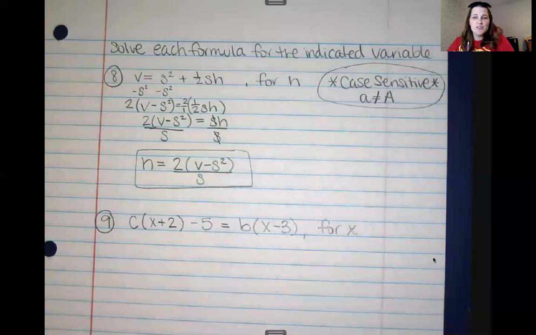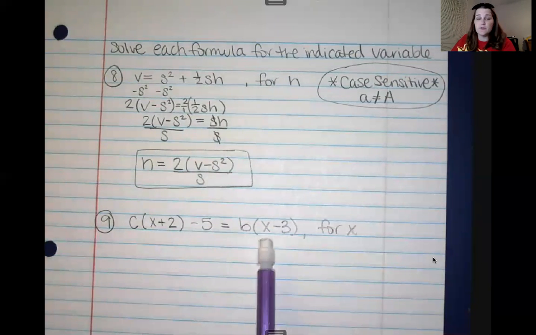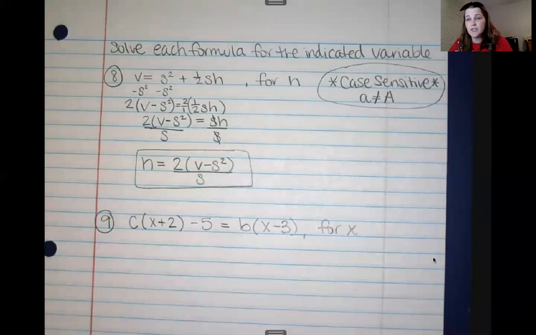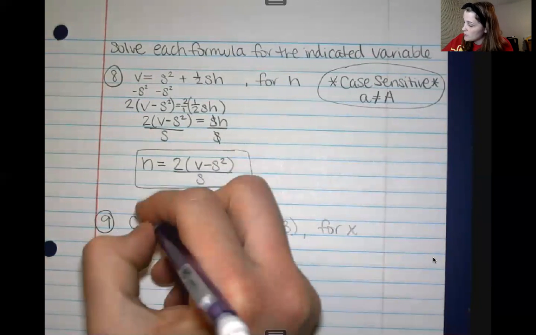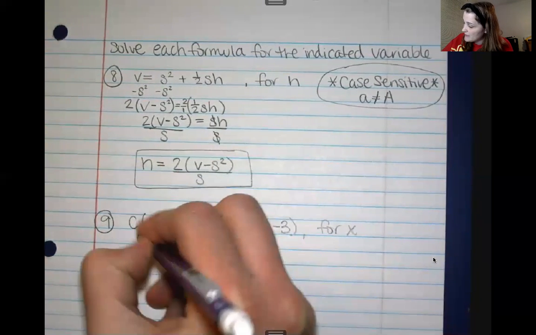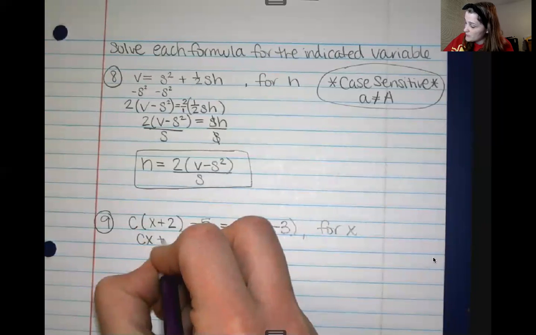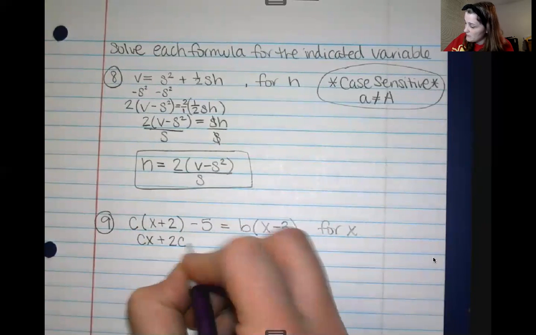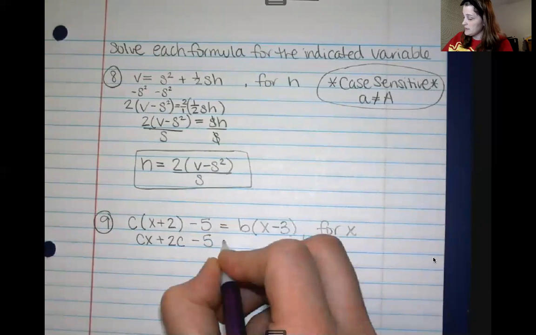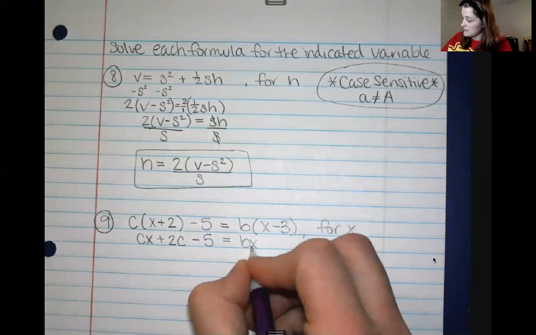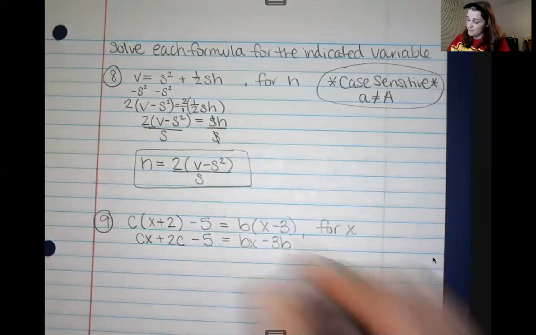Now, as you notice, there are multiple X's. Okay, we have an X over here and we have an X over there. So first thing we're going to have to do is distribute so that we can get those X terms next to each other or combined to each other. So we have CX plus 2C minus 5 equals BX minus 3B.